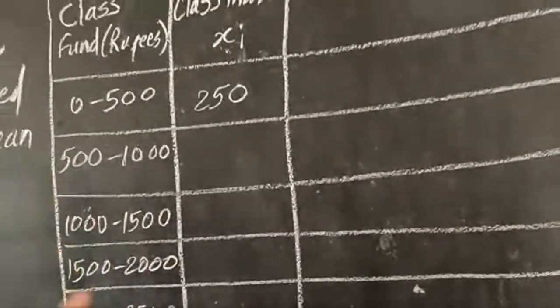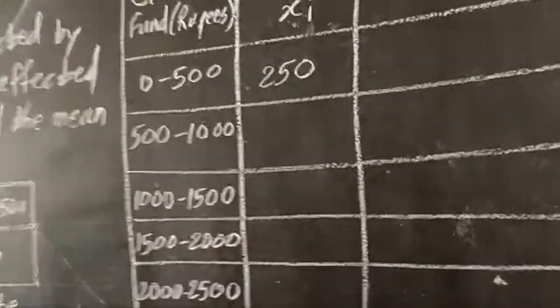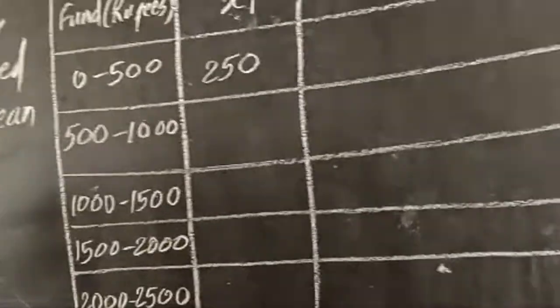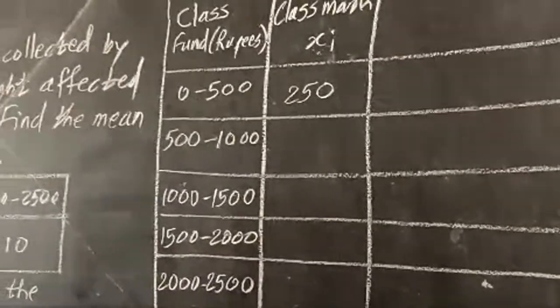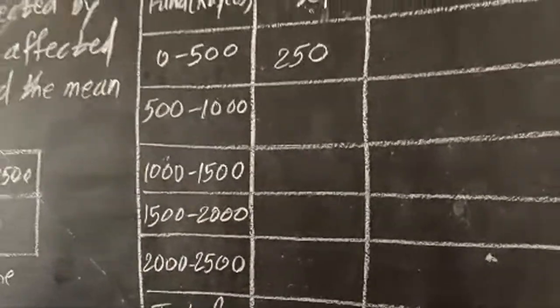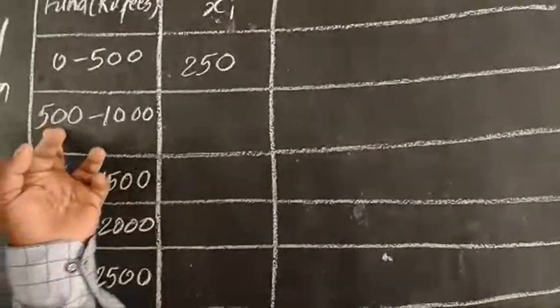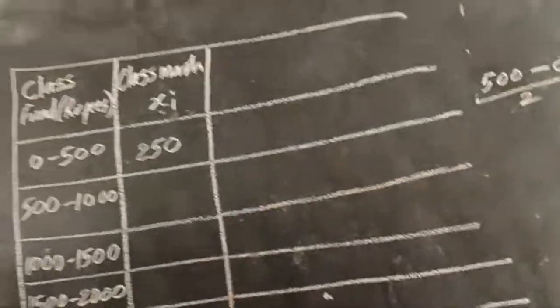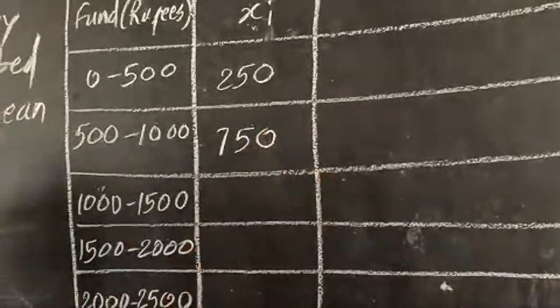1000 minus 500, sorry, 500 plus 250. What is the answer? 750.